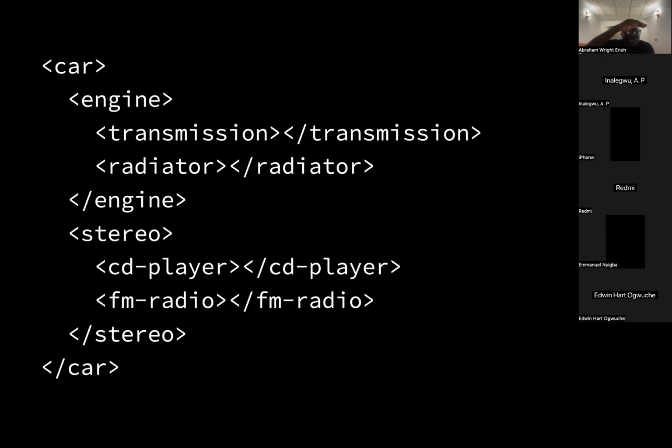And there is another section called stereo. Stereo is not in the engine section, right? But in the stereo, you have CD player, you have FM radio. By so doing, you could see that a car has engine and stereo. In the engine section, there is transmission and radiator, and in the stereo section, you have CD player and FM radio.